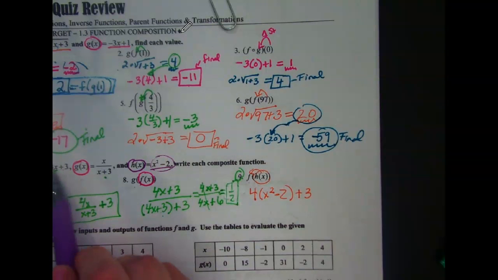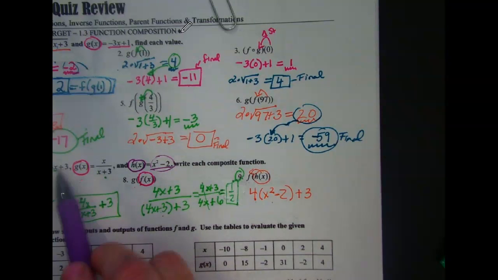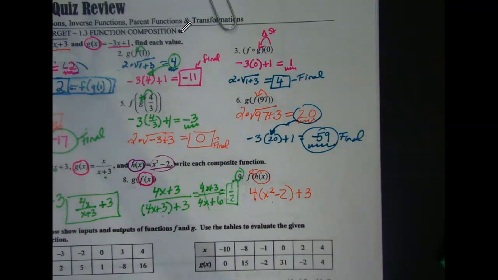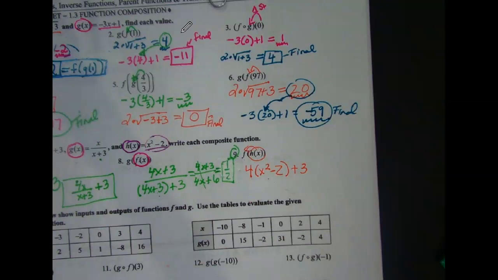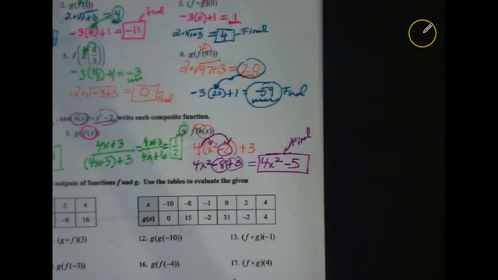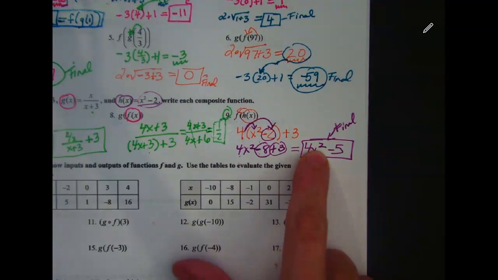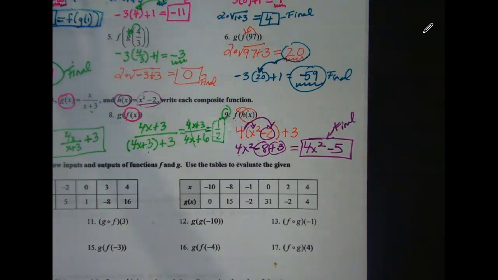So our f function is 4 times x. So this was our h of x. And then plus 3, we just continued with it. Okay, so from here, what I want you to do is distributive property, combine like terms, and tell me your final answer. Okay, so your final answer after you distribute is 4x squared minus 5.